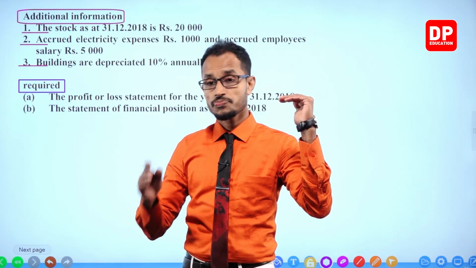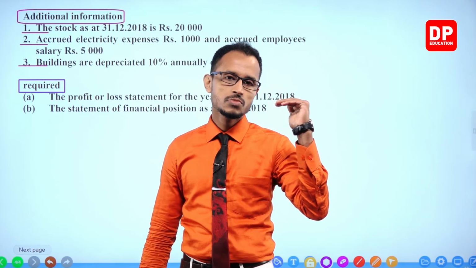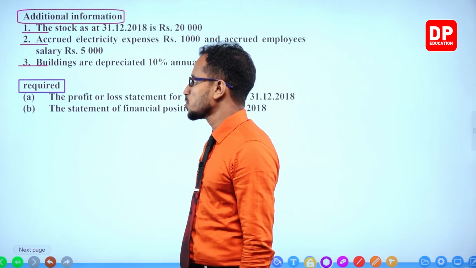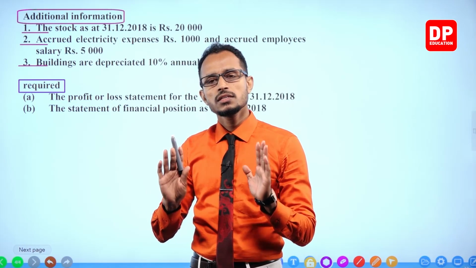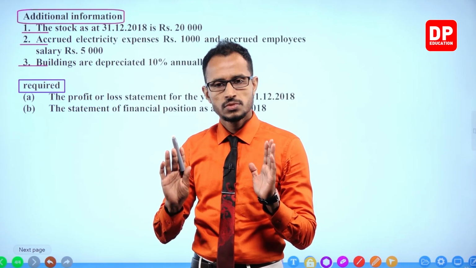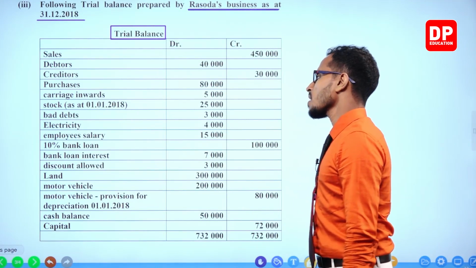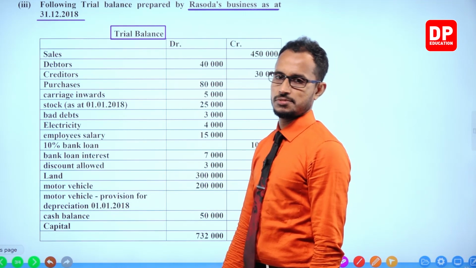Now I'm going to give you the steps. First step is, children, don't even start the additional information. First of all, label the trial balance items.